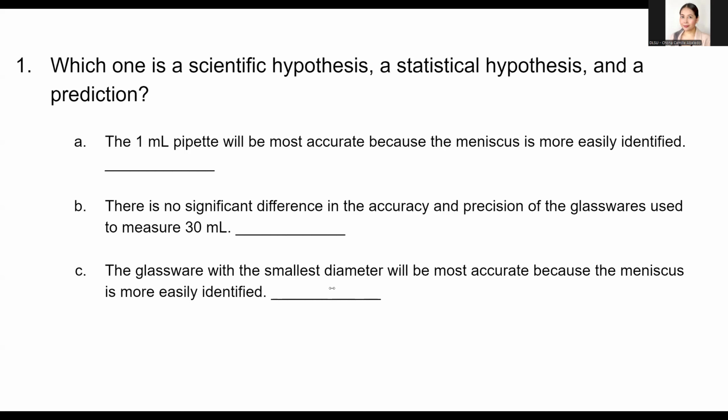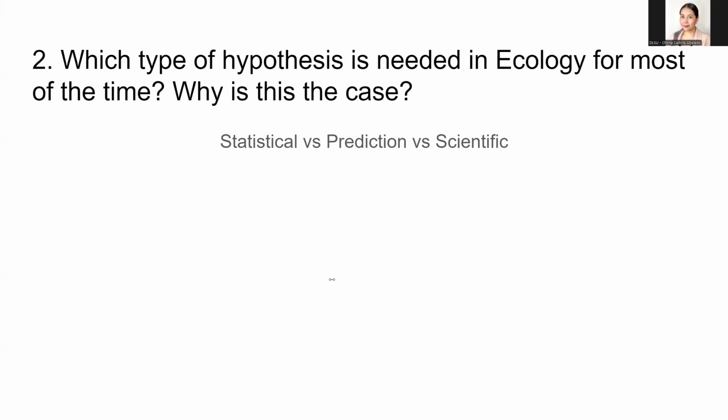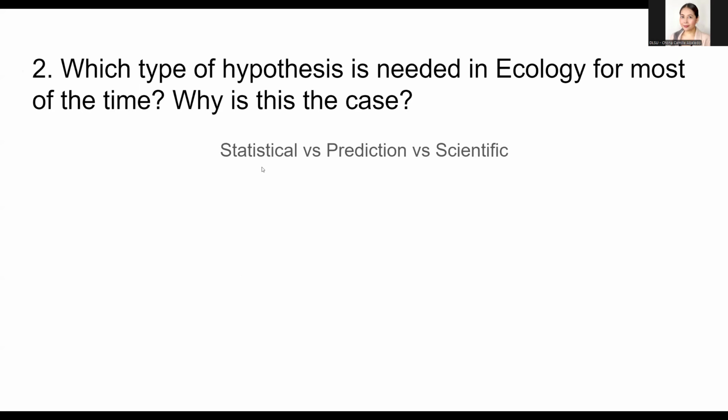So anyway, moving forward, question number 2. Which type of hypothesis is needed in ecology most of the time, and why is this the case? So just like in question number 1, you have 3 options: a statistical hypothesis, a prediction, and the scientific hypothesis.